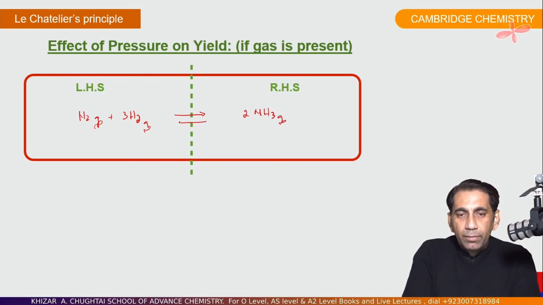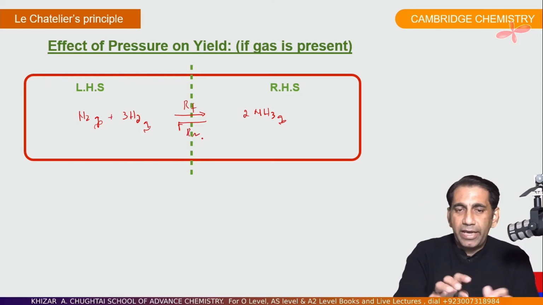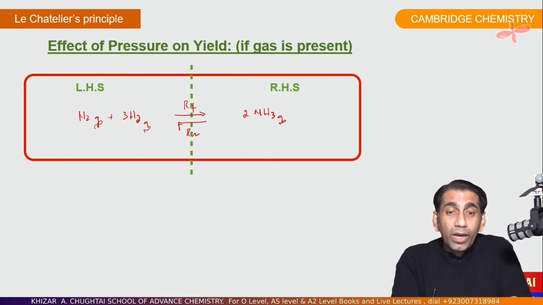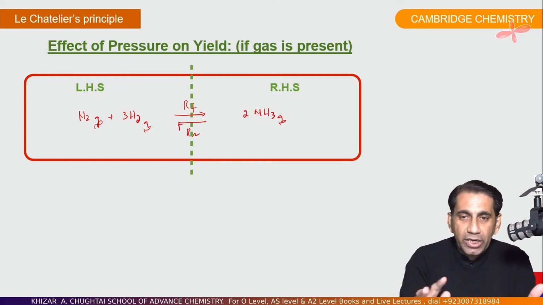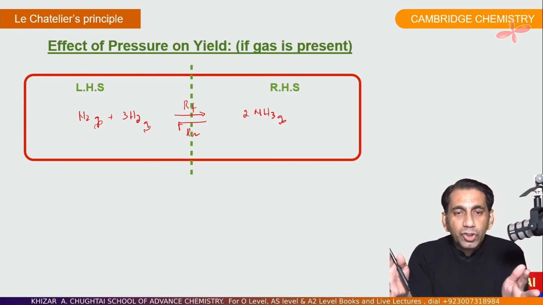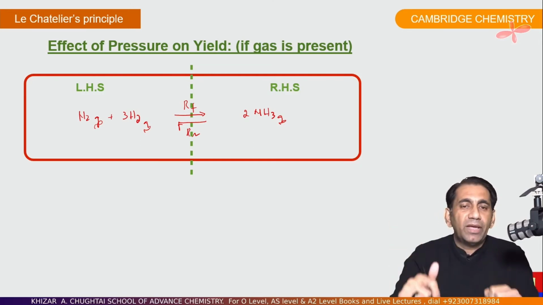After some time, ammonia will start to decompose. A time will come when the rate of forward reaction becomes equal to the rate of reverse reaction, and this stage is called dynamic equilibrium. After the arrival of that stage, you can disturb this equilibrium by changing the pressure. By changing the pressure, I mean you can change the volume: you can compress the volume of the container, or you can expand it.